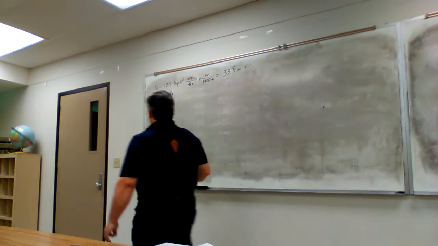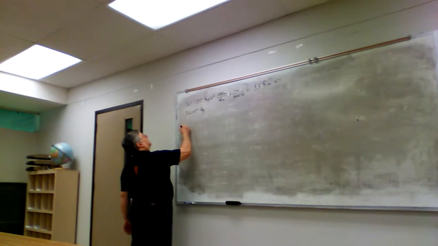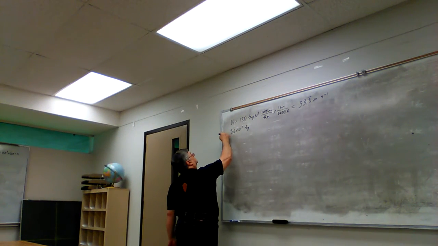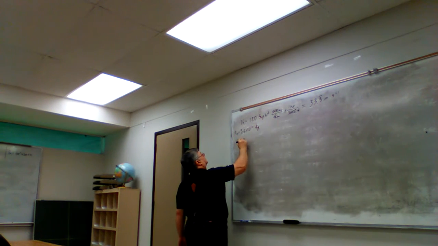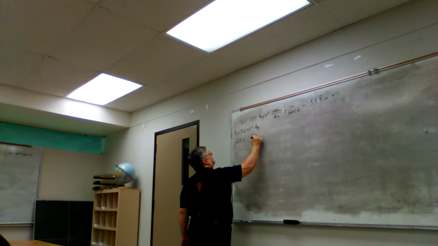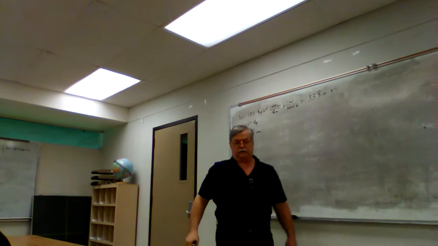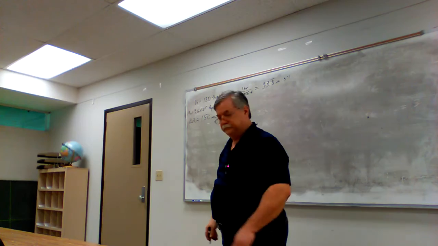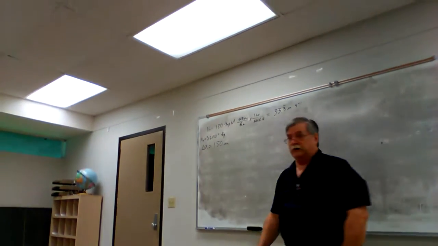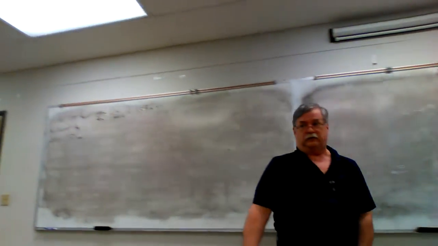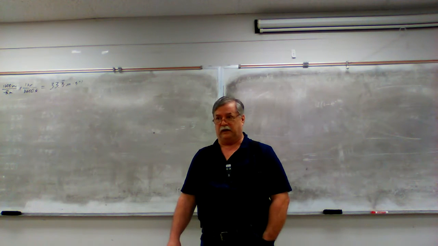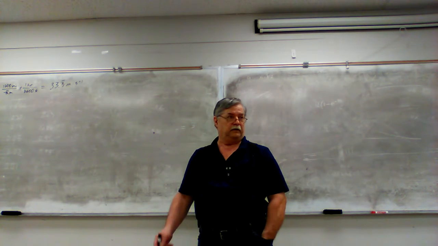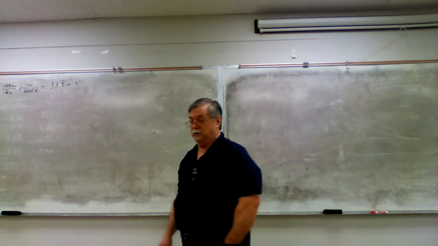We need a stopping distance, delta x, which is 150 meters. Did I get that right? Yes. First we need to know how much acceleration is required to stop the train in 150 meters.